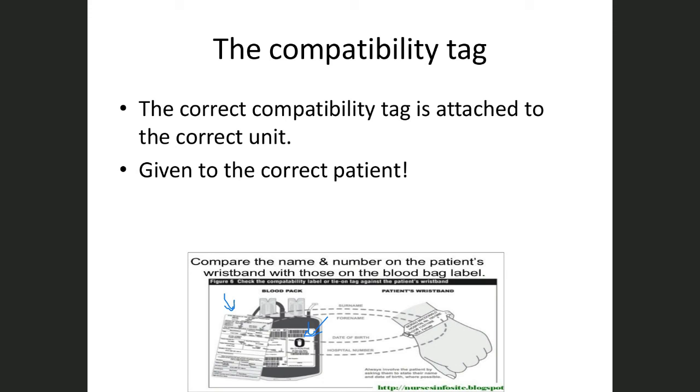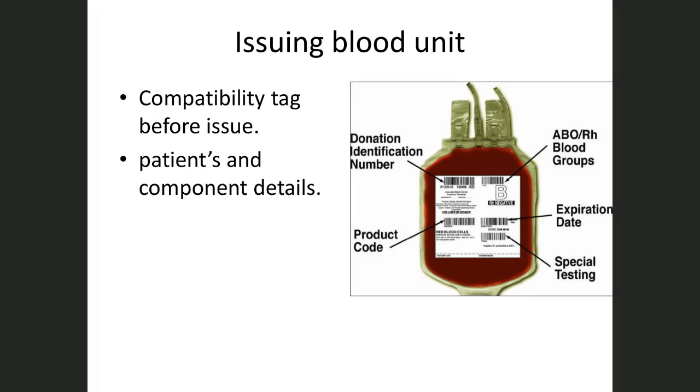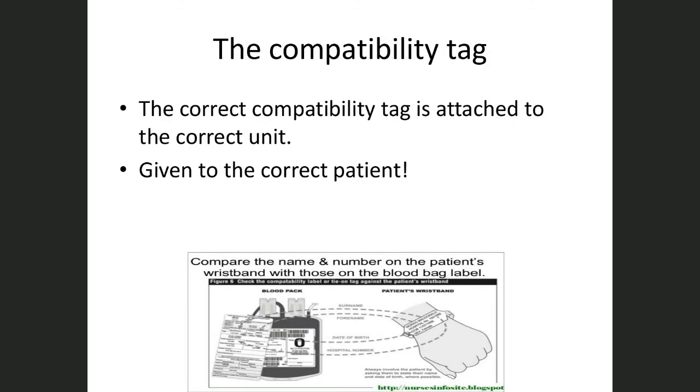So what kind of information should be on the compatibility tag? It should contain the name of the patient, the ID number of the patient, the ward, for example. All of this information should be present on the tag.